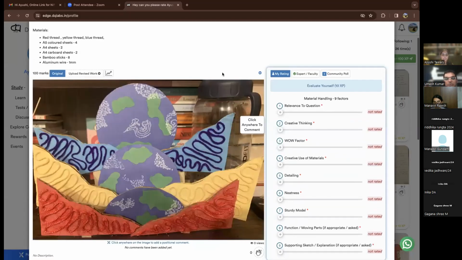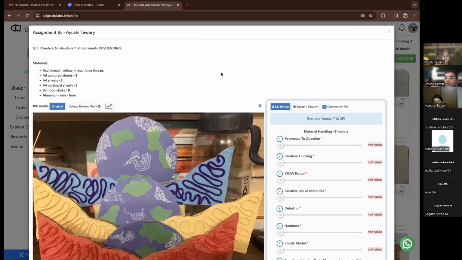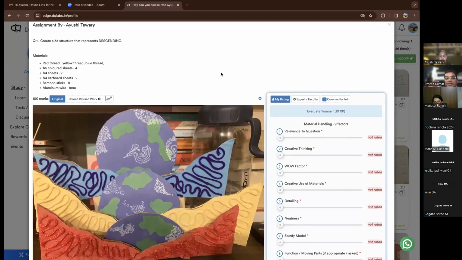Okay. So I kind of see a pattern, and we need to break the pattern. The pattern is that you are keeping these layers one behind the other, and it is all two-dimensional, kept upright. Try to break out of that. Try to make it completely three-dimensional.